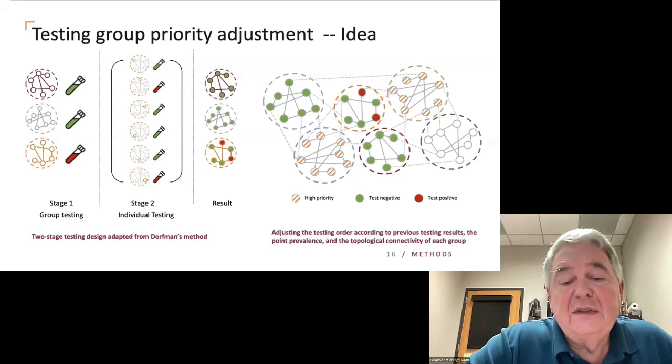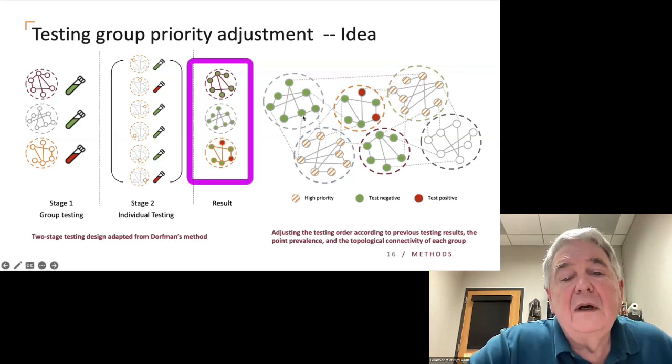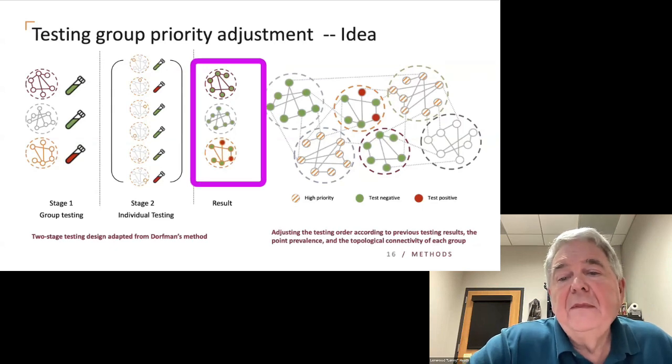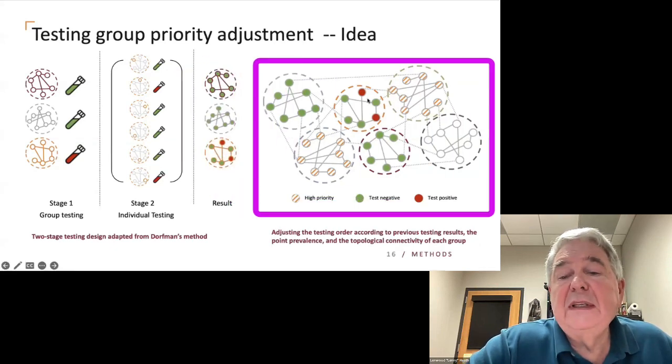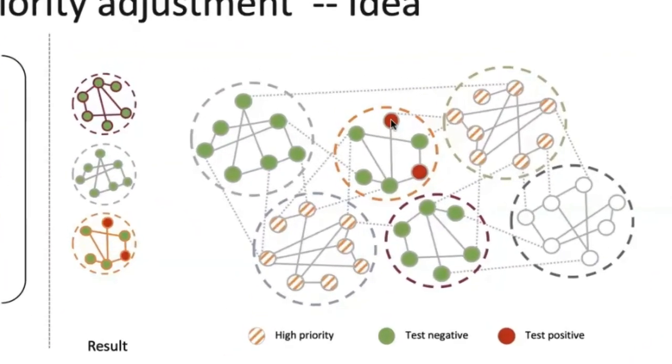That has a result, as you see in the middle column, of 2 red individuals that tested positive, and everyone else was assumed negative. Now, if you go over to the complete social network on the right, we've got these 2 positive individuals. This subgraph is adjacent to 2 other subgraphs, which are indicated by the hashed red on the nodes.